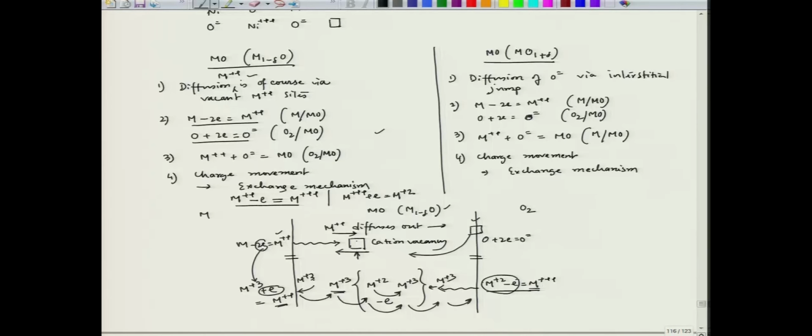Now, if a number of those vacancies combine with each other, there could be a possibility of pore generation. So let us say this is a pore which generates due to the combination of migrating vacancies.